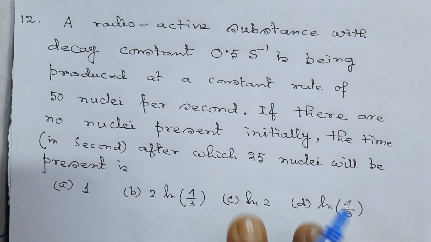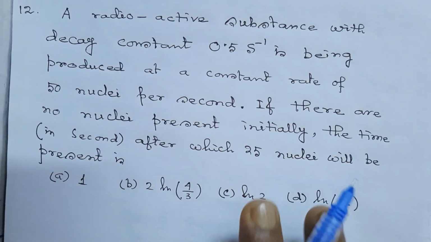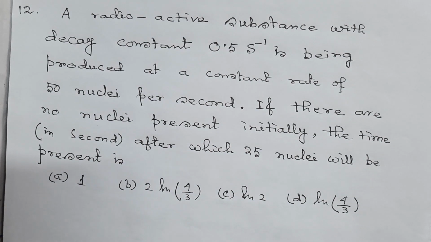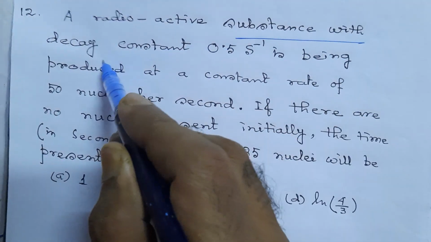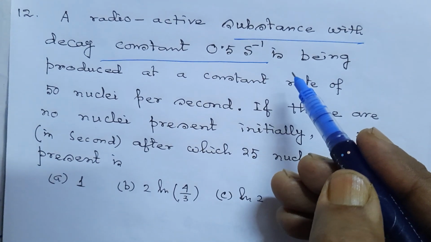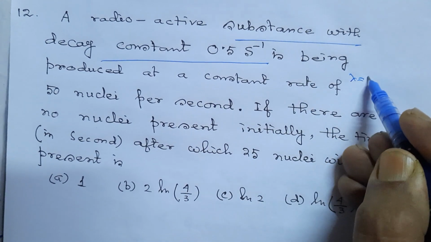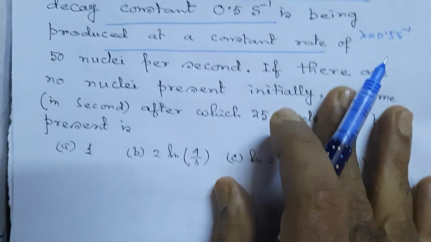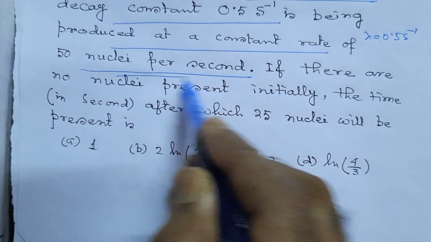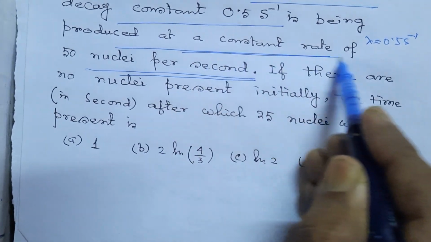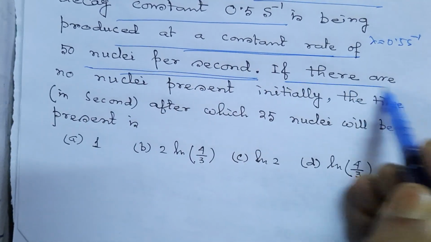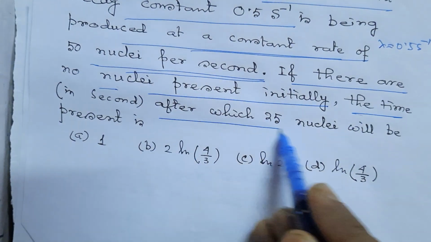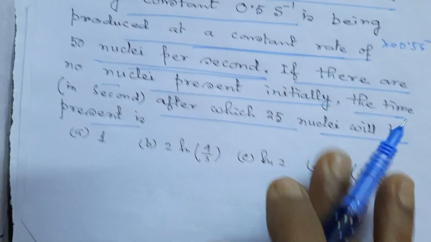Now let us take the next question. That is a problem from radioactivity. A radioactive substance with decay constant 0.5 per second, that is lambda equals 0.5 per second, is being produced at a constant rate of 50 nuclei per second. If there are no nuclei present initially, find the time after which 25 nuclei will be present.